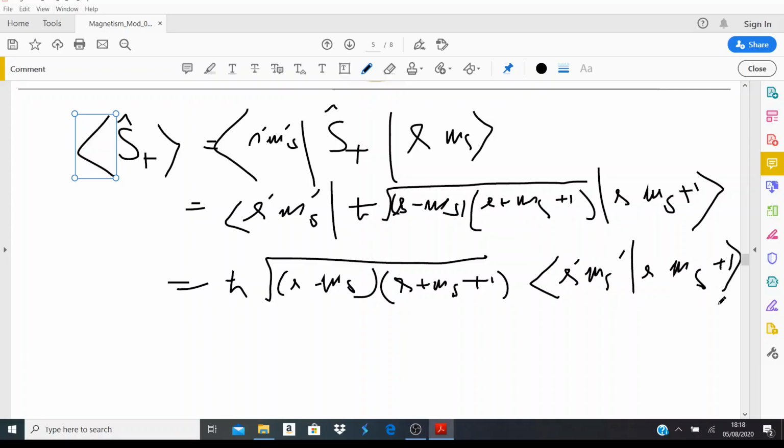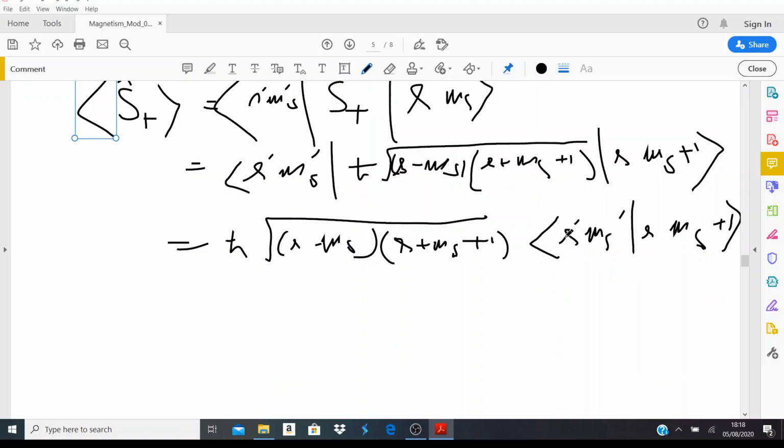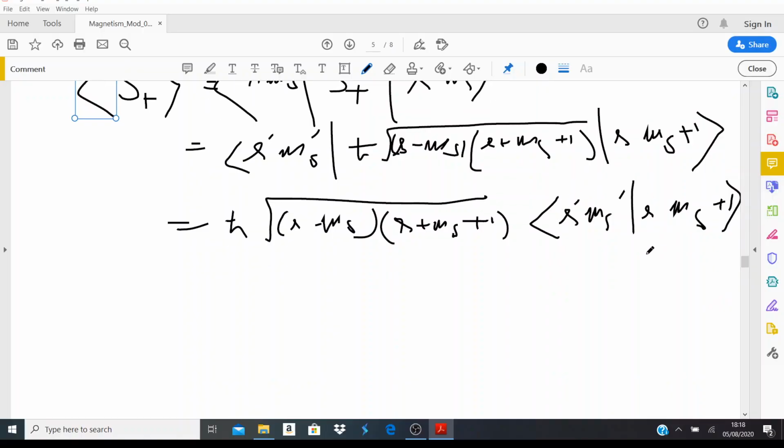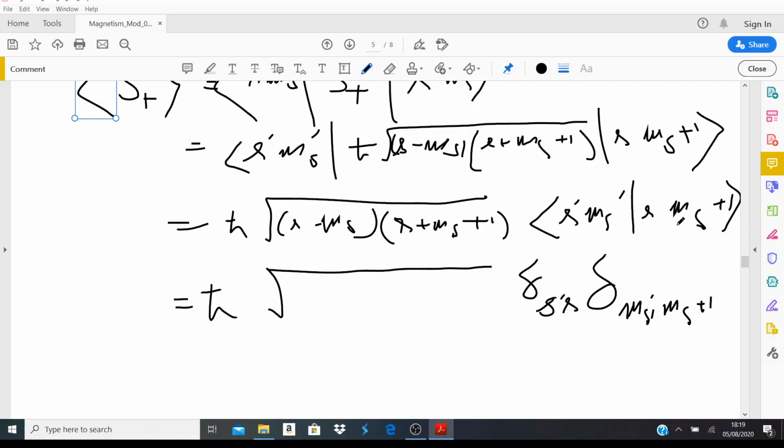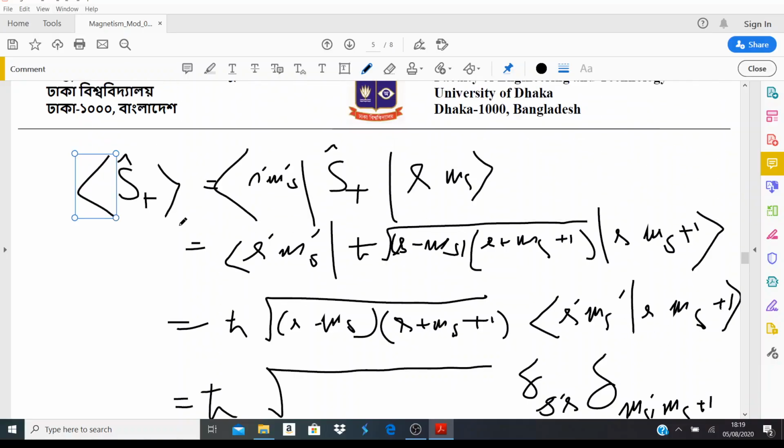And you know the orthonormality condition dictates that the pairwise indices have to be equal for a non-zero contribution. So just copy this term here, and this will be ensured by two Kronecker deltas, saying that S prime has to be equal to S and mS prime has to be equal to mS plus 1. Otherwise this inner product is 0. So that's the expectation value of this one.